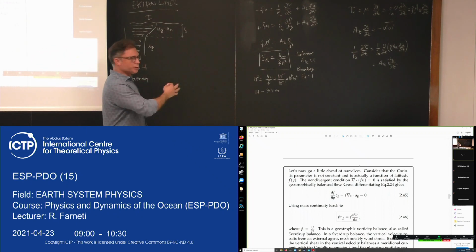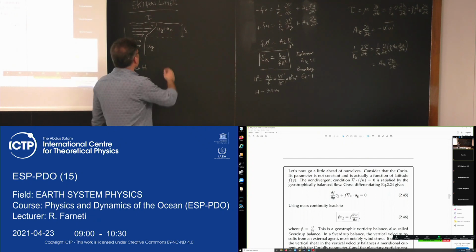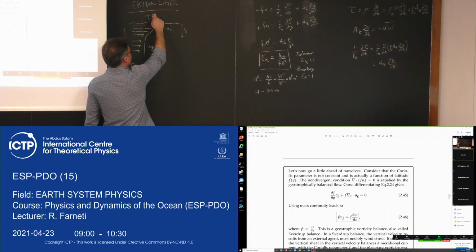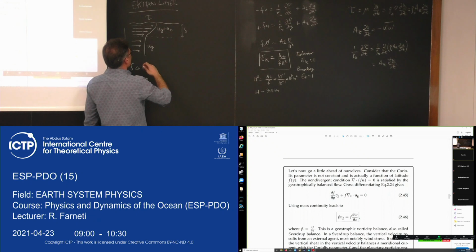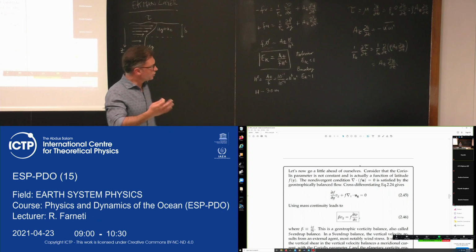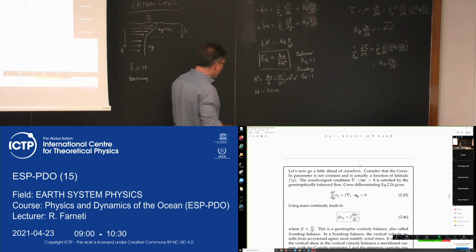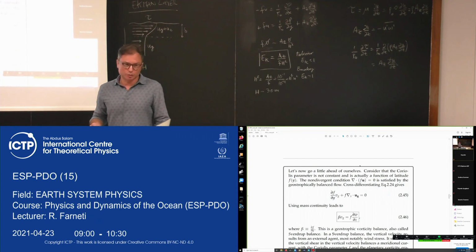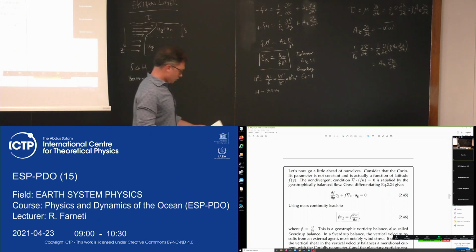Okay, the only reason why we are talking about the Ekman layer here is to understand what is the dynamics of the Ekman layer and how it can connect the surface wind stress or the frictional effects at the surface or at the bottom with the interior geostrophic fluid. Okay, the details of the Ekman layer are not important here. So a few tens of meters, but crucial for putting in contact the surface to the interior geostrophic fluid.